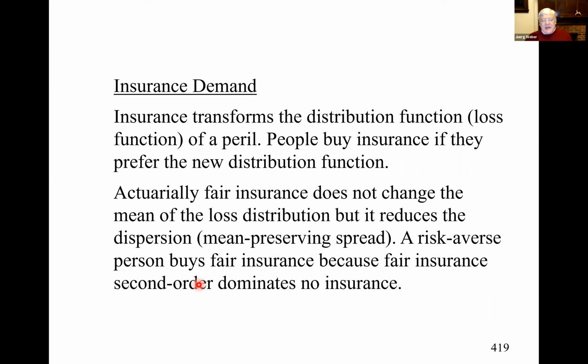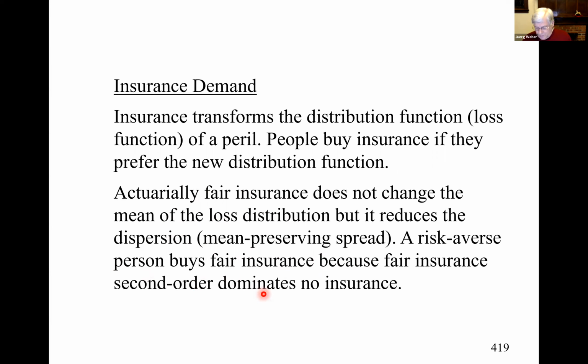It's exactly what happens here with the mean preserving spread. Actuarially fair insurance does not change the mean of the loss, it's actually fair, but it will reduce the dispersion. And so fair insurance dominates non-insurance, and people buy it.